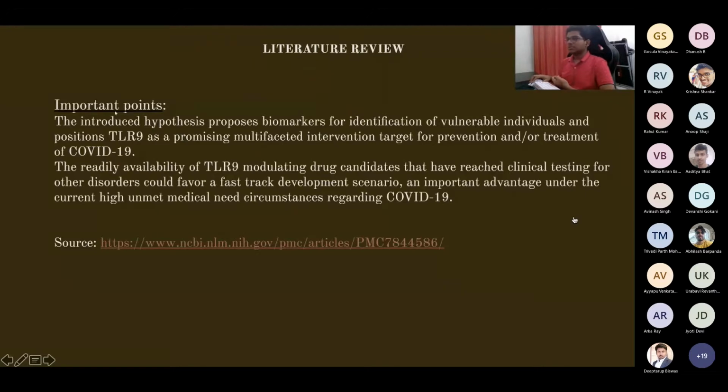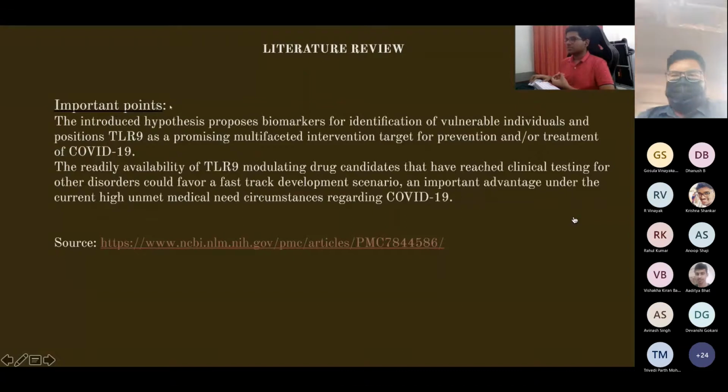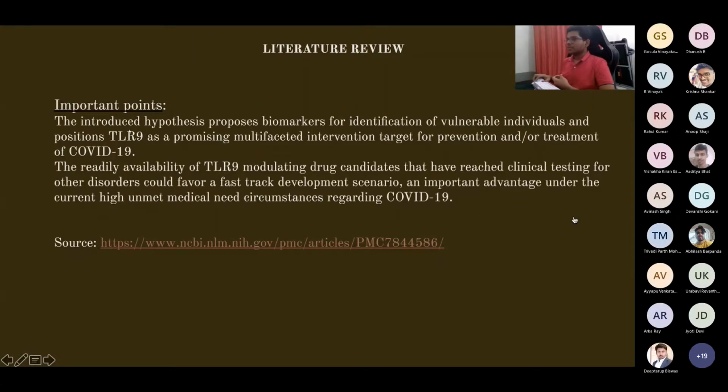The important point from the paper is the hypothesis introduced in the paper, which sees TLR9 as a promising multifaceted intermittent target for prevention and treatment of COVID-19.